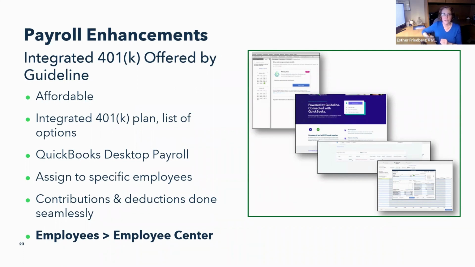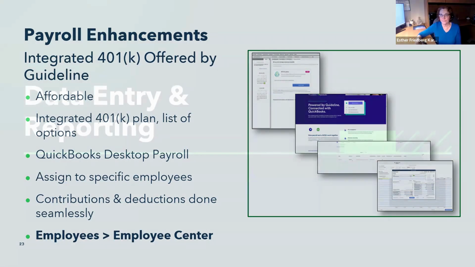Once you sign up, you can add the 401k payroll deduction, and if applicable, the 401k addition to your payroll items list. Then from the menu bar, select Employees, Employee Center, and assign the 401k items to specific employees.